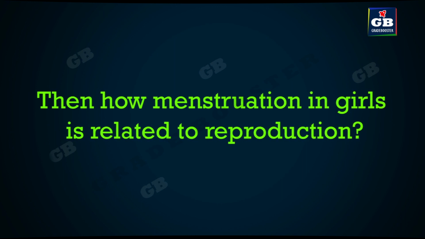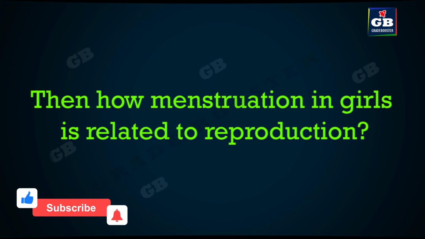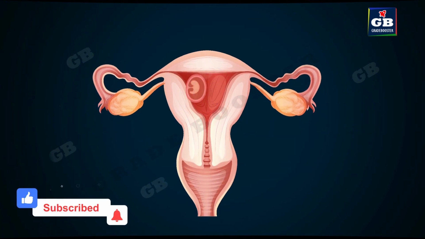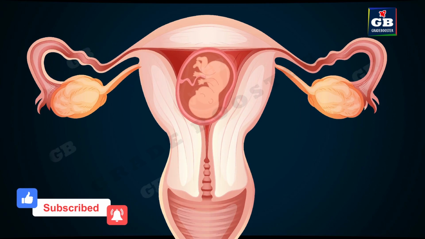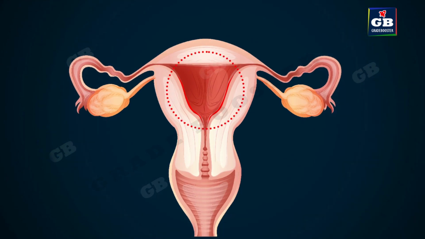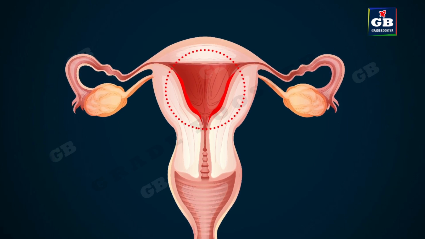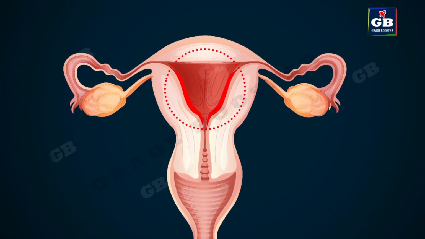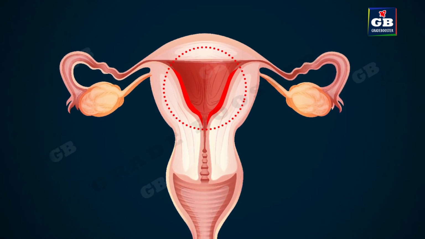Then how is menstruation in girls related to reproduction? After fertilization, the development of embryos to babies takes place in the uterus of the female reproductive system. So, for this purpose, the uterus has to be made ready. The walls of the uterus get lined by blood vessels and new tissues to accommodate the growing embryo.